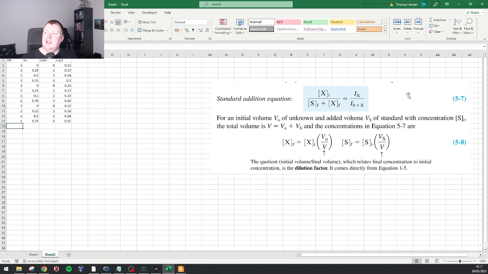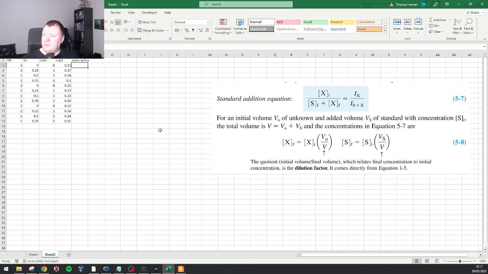Now, in this case, what we're actually interested in is we would like to have the ratio that we have on the right here. So Ix over Isx. So this is my ratio, Ix, Isx.